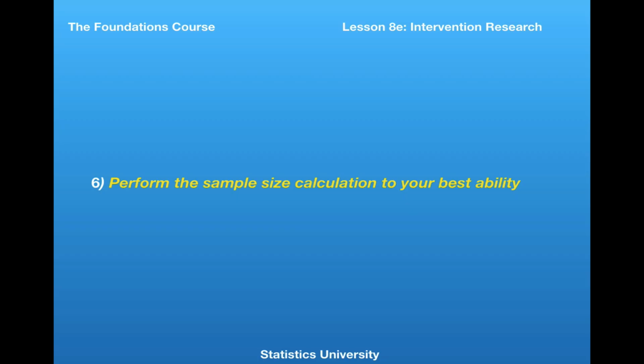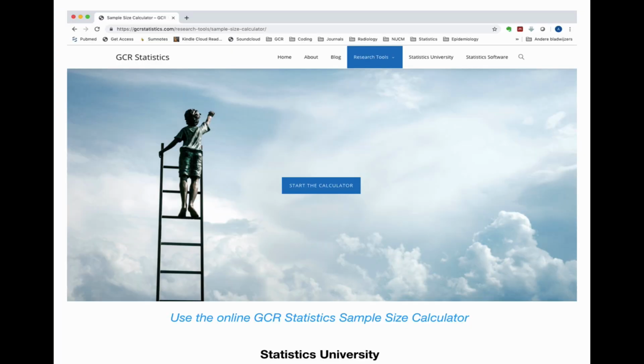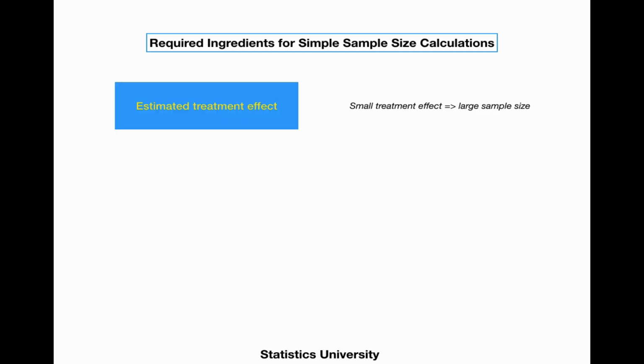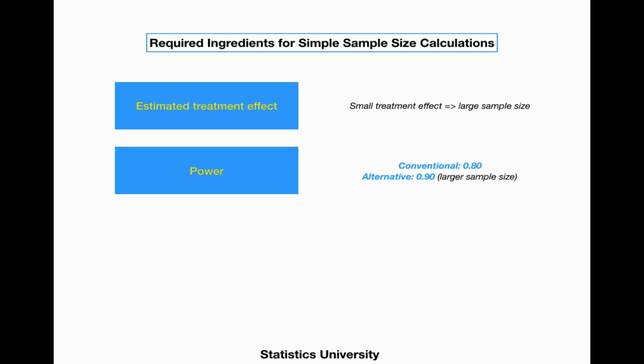Now, the sixth principle of the GCR approach is to perform the sample size calculation to your best ability. And you can use the online GCR statistics sample size calculator that I already showed to you to do this. And required ingredients for simple sample size calculations are the estimated treatment effect, and small treatment effects usually require large sample sizes.